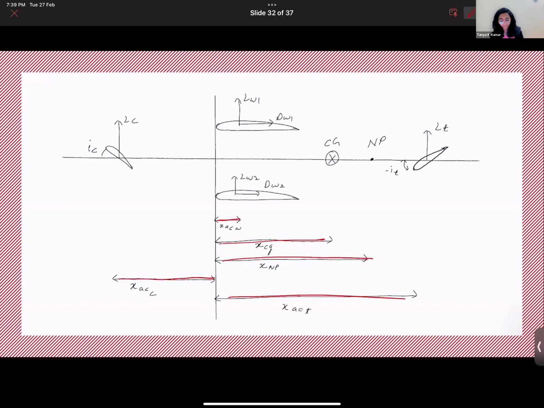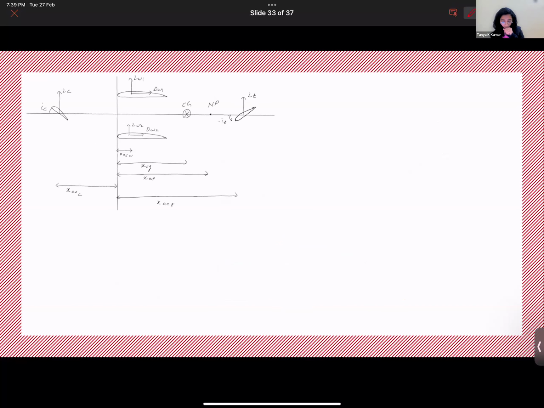Just like the previous case, but you have some extra structures here. How do you proceed? First, you start with MCG. Write the equation: lift on the wing into the distance, lift on the tail into the distance, lift on the canard into the distance. This is the first step, then you divide by half rho v square S C bar.